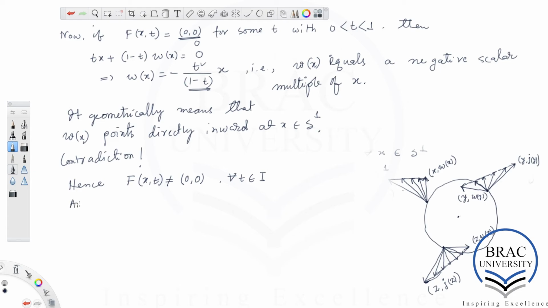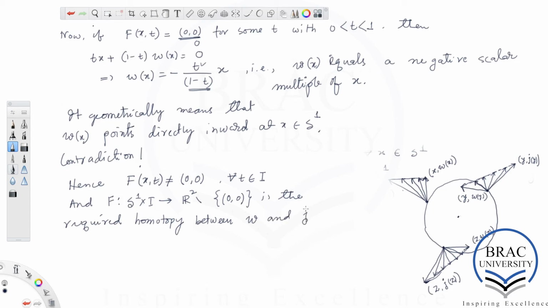And this map f from S1 cross I to the punctured two-dimensional plane is the required homotopy between the map W and the map J.